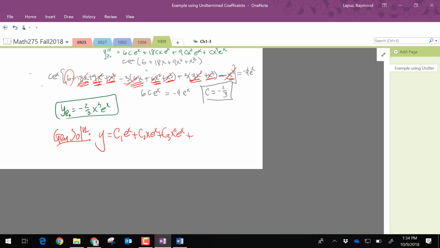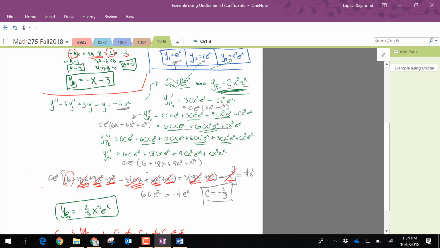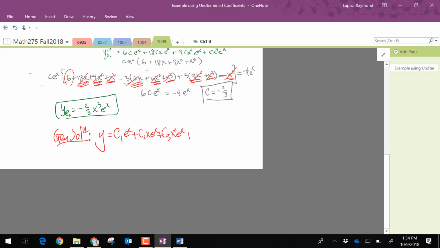And now we put in our 2 particular solutions. And the first one was minus x minus 3. No, we don't put c's in front of the particular solutions because they have to actually satisfy the non-homogeneous. And then we put in our last one here, minus 2/3 x cubed e to the x.